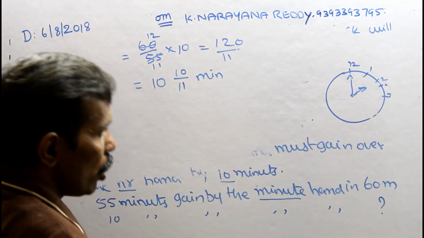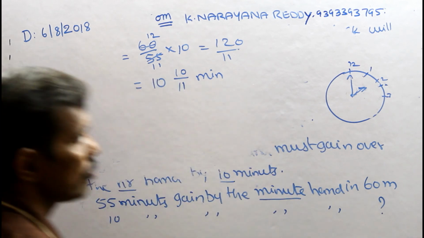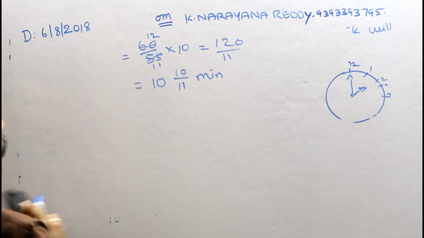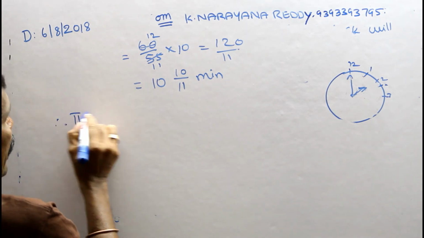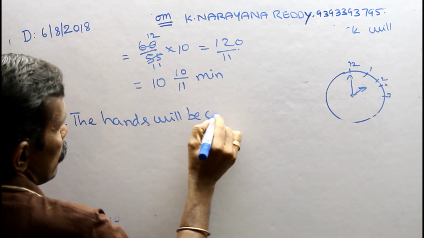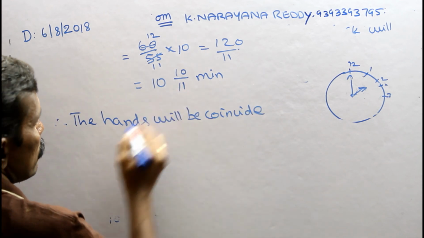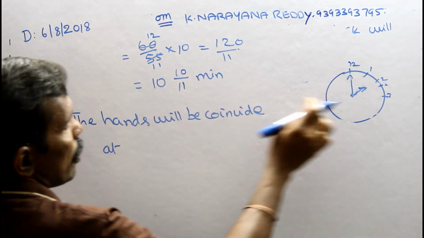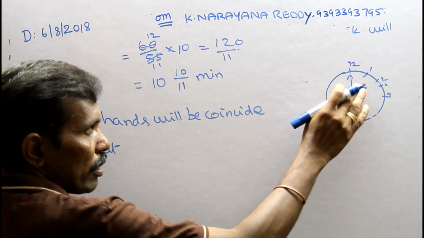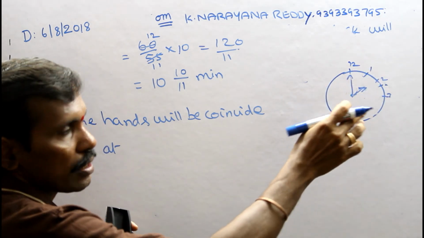Okay. So the hands will coincide at, so 2 hours is over. The hour hand crosses the second number, that is 10 spaces after 2.